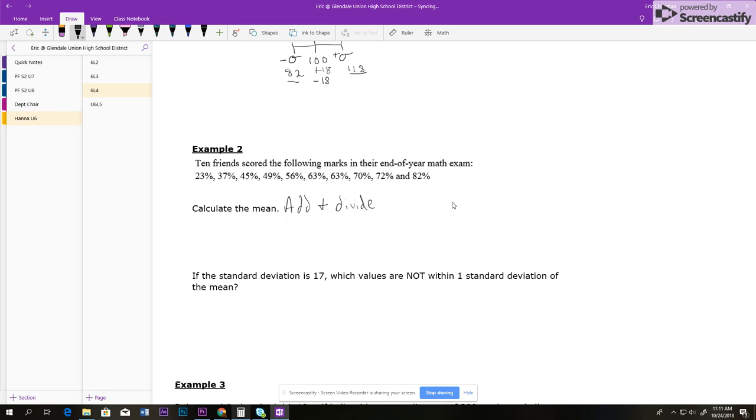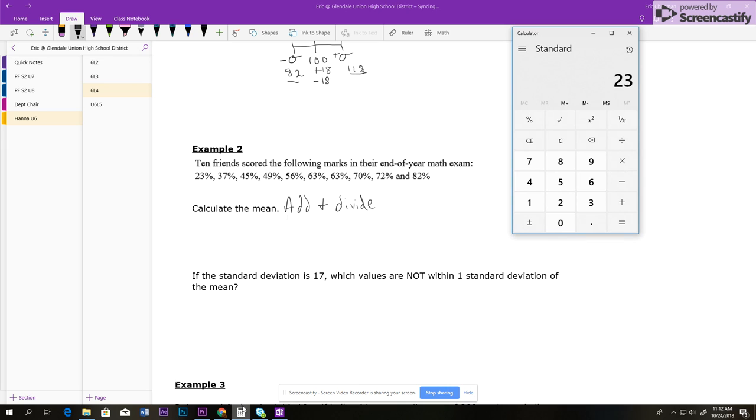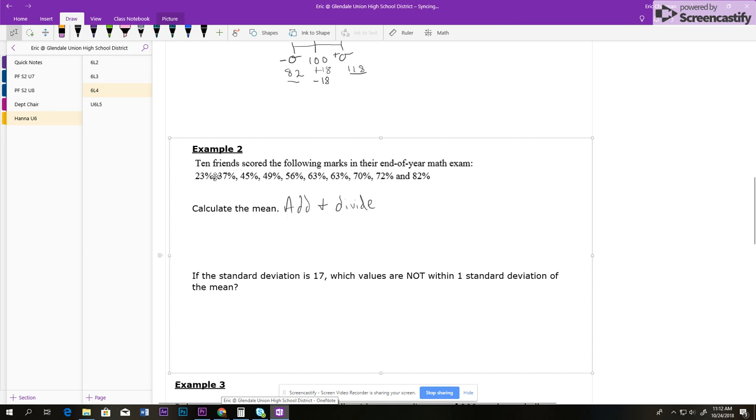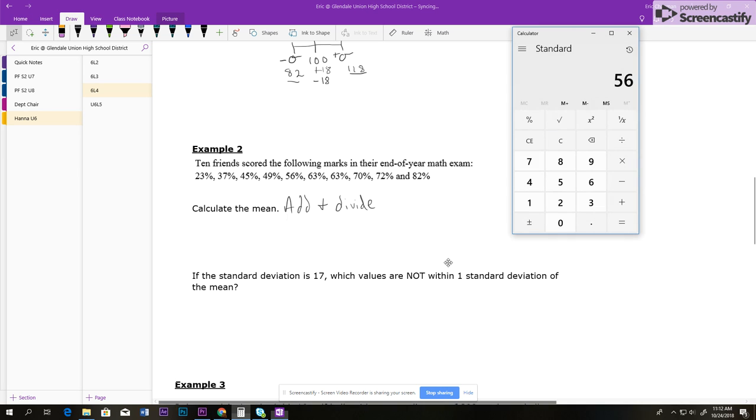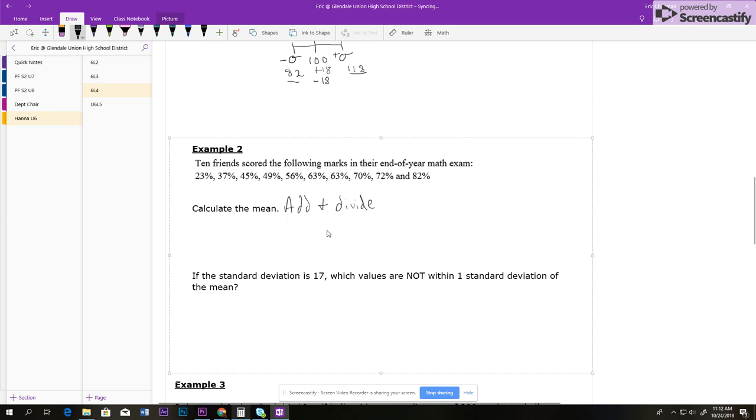Let's go to our calculator. 23 plus 37 plus 45 plus 49 plus 56 plus 63 plus 63 plus 70 plus 72 plus 82, divided by 10, there are 10 friends. On my calculator, that gives us a mean of 56.